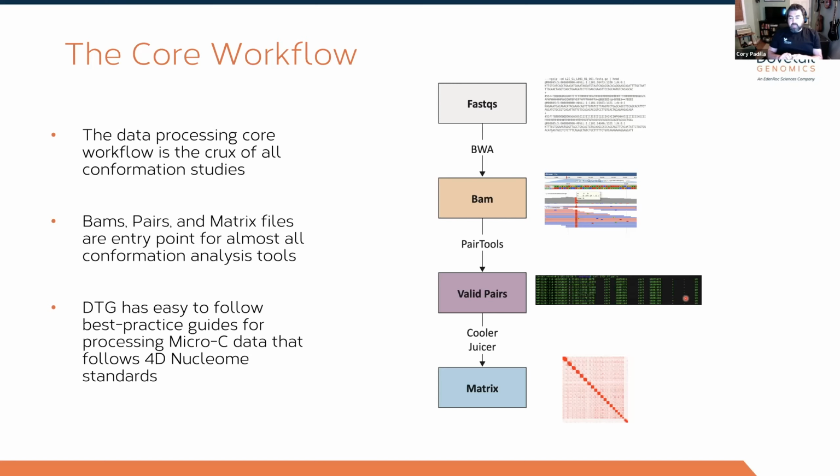But regardless, all you need to keep in mind here is that it's just a simple way to reduce the alignment information to a much smaller data format that you can then convert into a contact matrix.